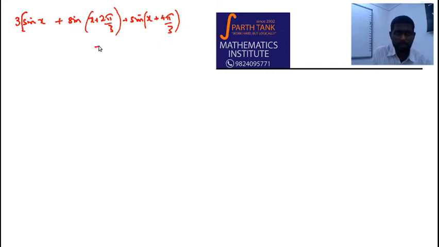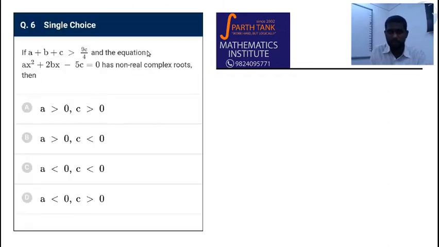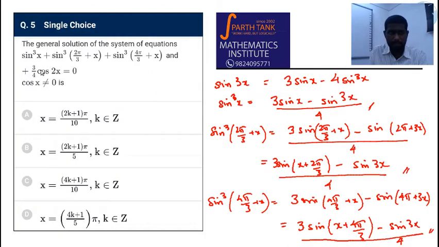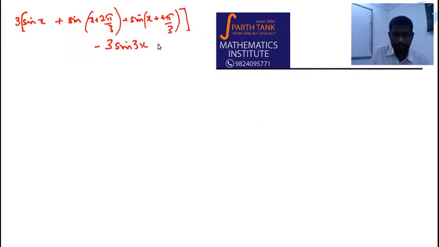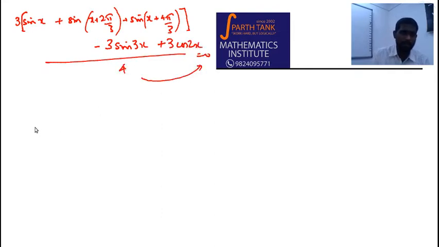So there will be a total of minus 3 sin 3x. And then together you have plus 3 by 4 cos 2x. So it is plus 3 cos 2x. The whole thing divided by 4 is equal to 0. Those 4s can be taken there and made 0.